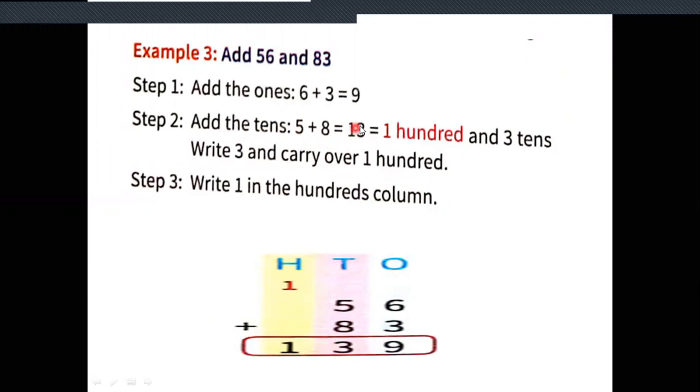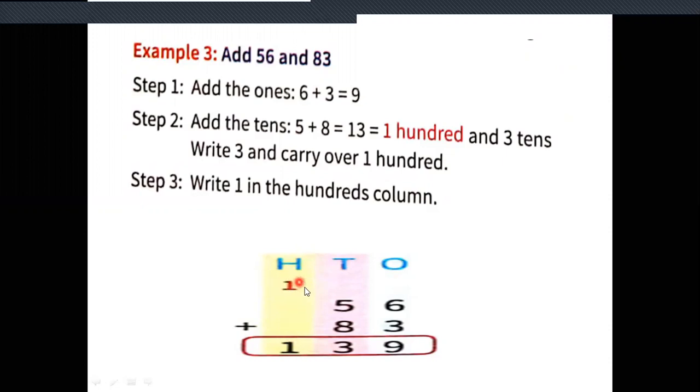In 13 tens, 1 is 100 and 3 is tens. So you are carrying over this 1 to the hundreds place. In the hundreds place, nothing is there.